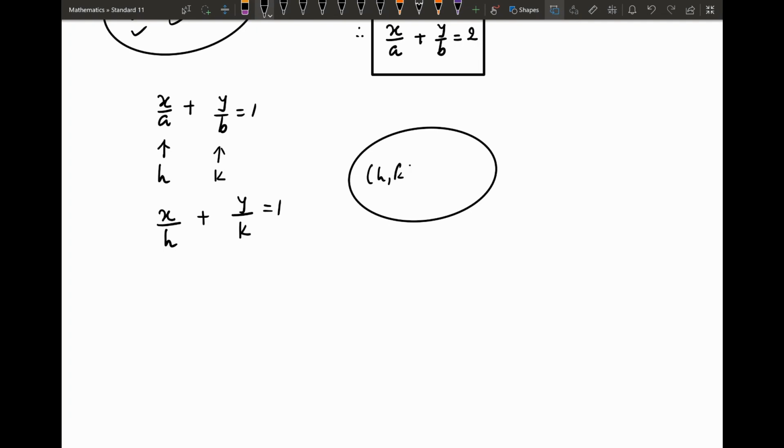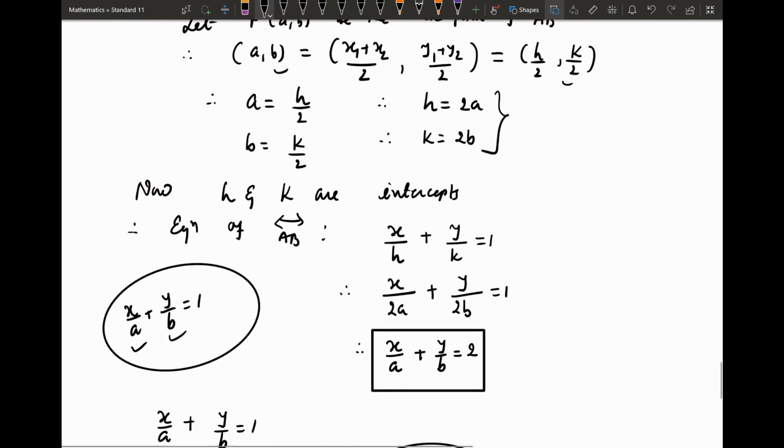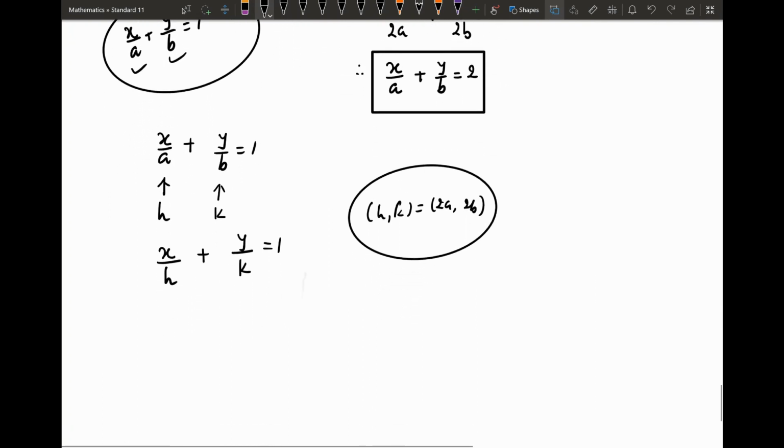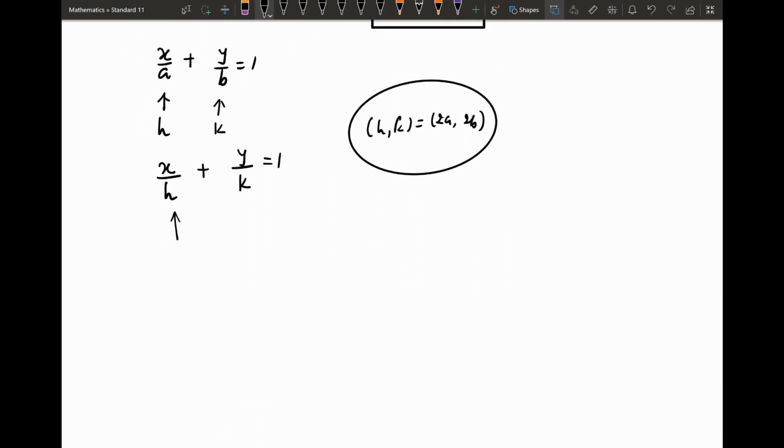So h, k equal to 2a, 2b, as we have discussed here. Put those values here, and we will get the required equation. That's all. Next time we will discuss more examples.